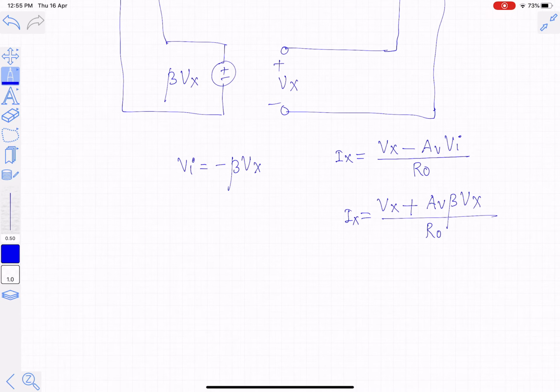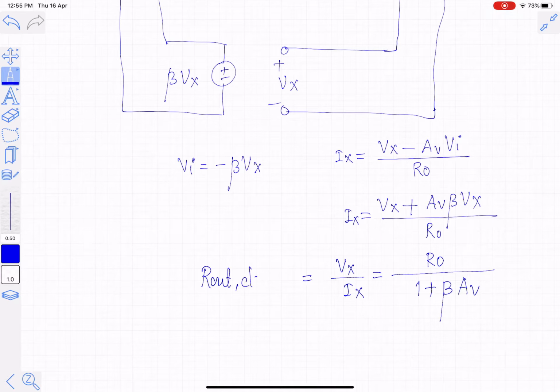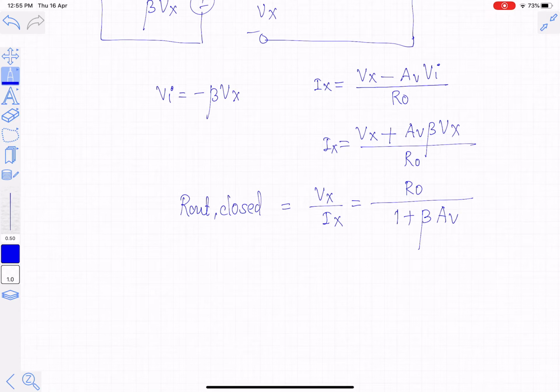So from this it is clear that Vx divided by Ix is equal to RO divided by 1 plus beta AV, which we call R out closed, but RO is R out open, so it is equal to R out open divided by 1 plus beta AV open.